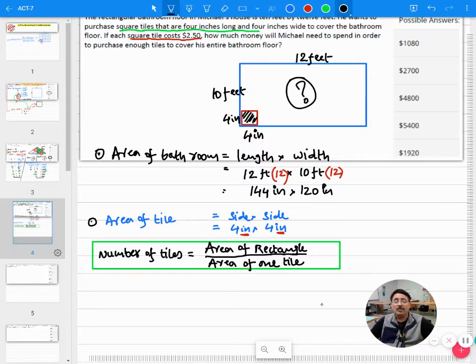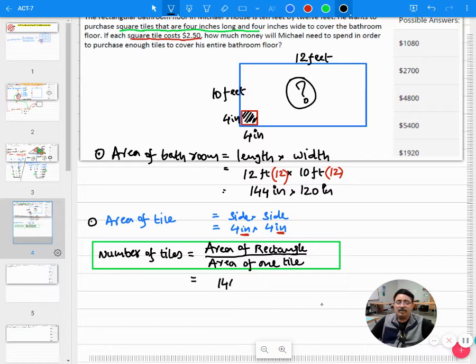But if you are given larger numbers like 144 and all these things, you cannot add and subtract those kinds of things, right? Then we use this formula, which is area of rectangle. In fact, I did not compute; if you want, you can make use of a calculator.